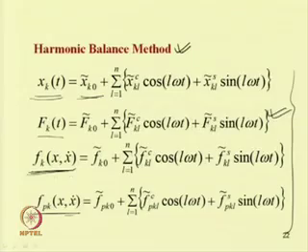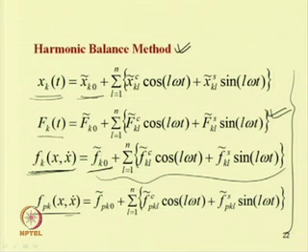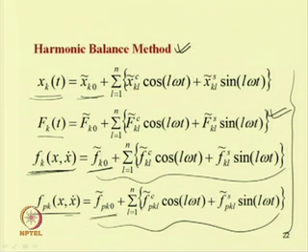Similarly, for the nonlinear terms, we can also write them using different harmonics, where the 0 term is the constant part of the nonlinear terms and the rest contain the harmonics. So, if the nonlinear terms are periodic, then we can write them using these harmonic terms, and this represents the loading vector also. The loading may be a static loading, or it can be a loading with periodic force. In the case of static loading, we can use this f p k 0, and in the case of periodic loading, we can write using different harmonics.